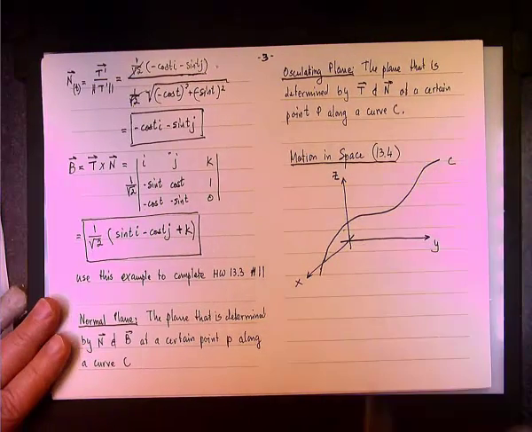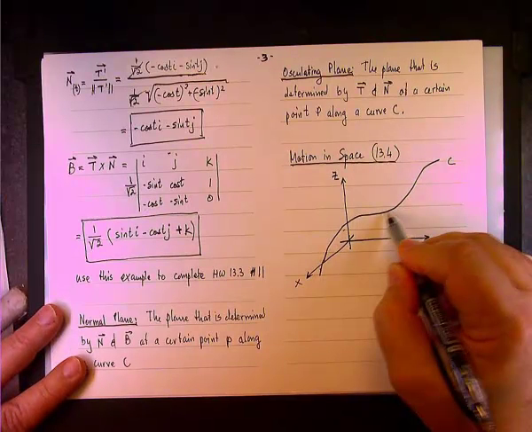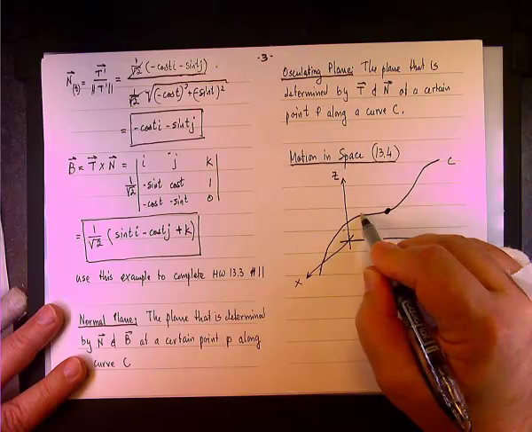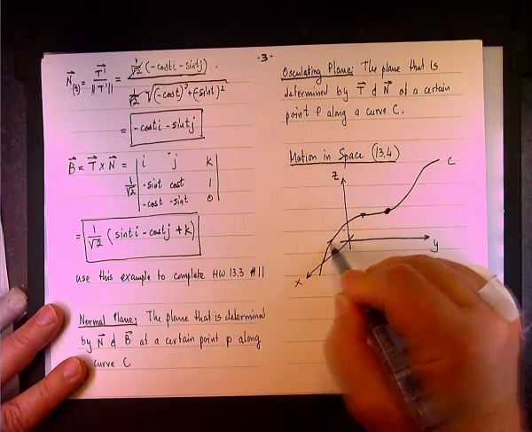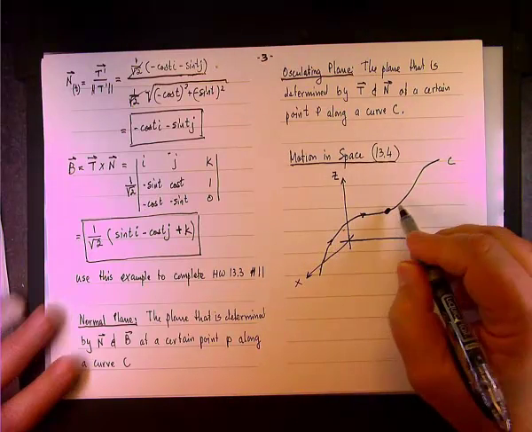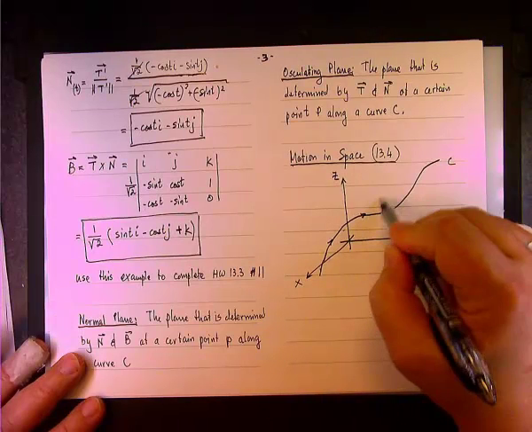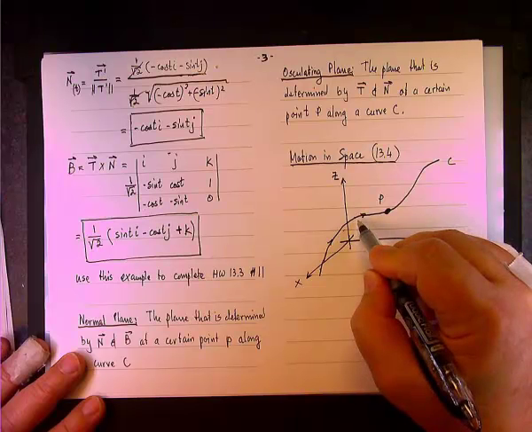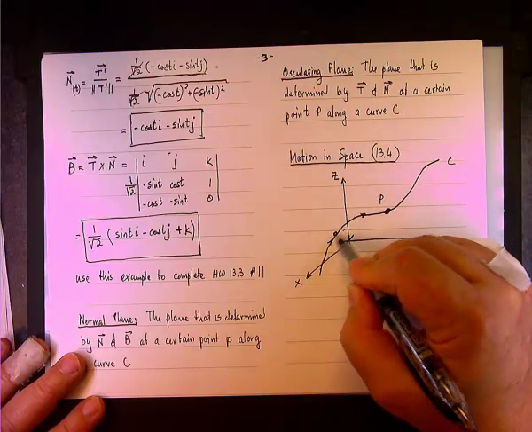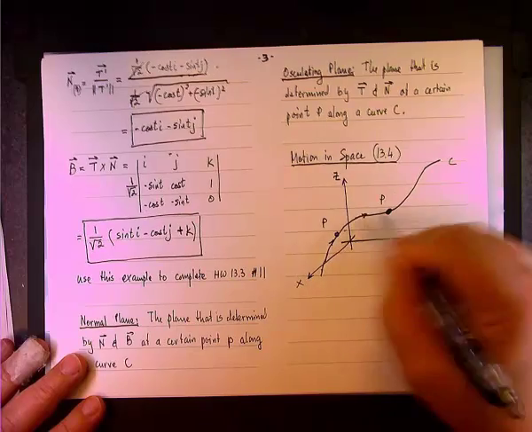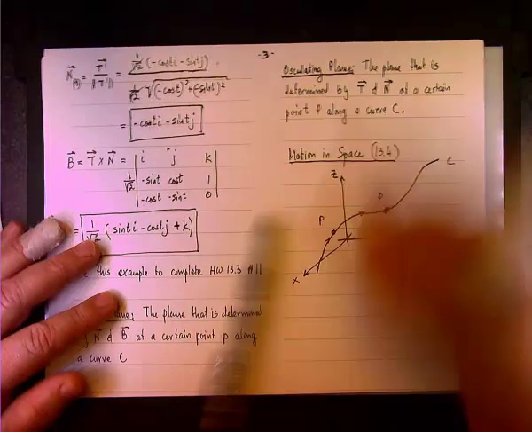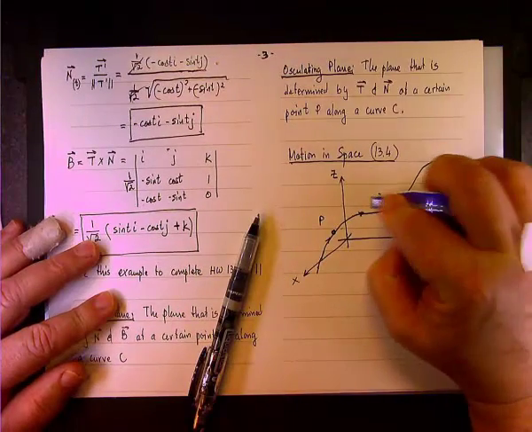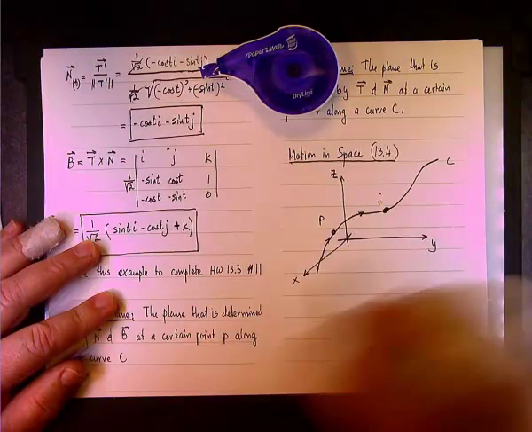So this is a curve C, and at one point you have a particle, and the particle is moving on this curve, and you pick up a point right here. We call it point P. Actually, let's pick it up right here, point P right here, and this will be point Q, the second point.